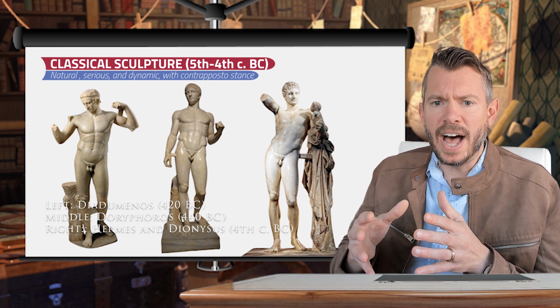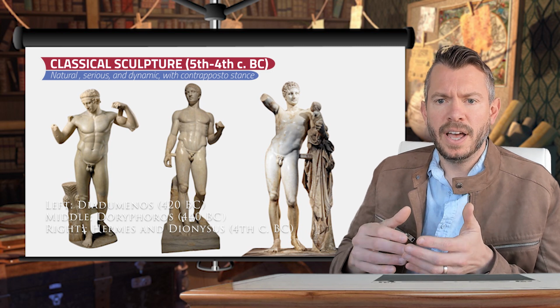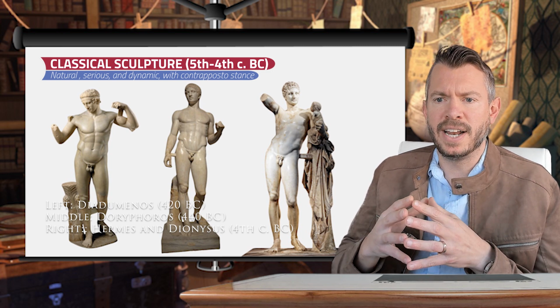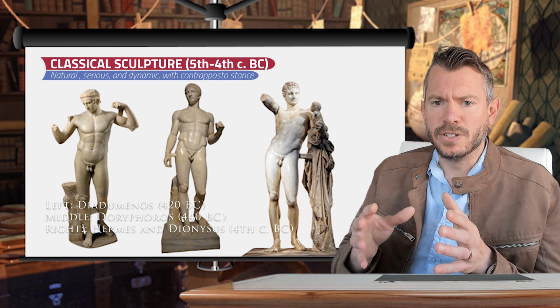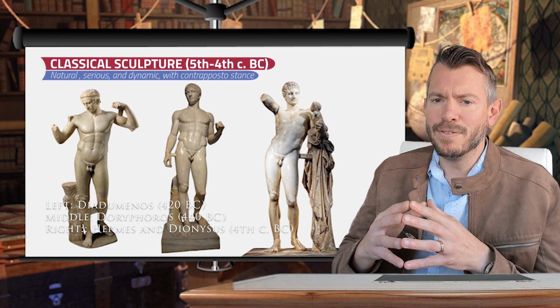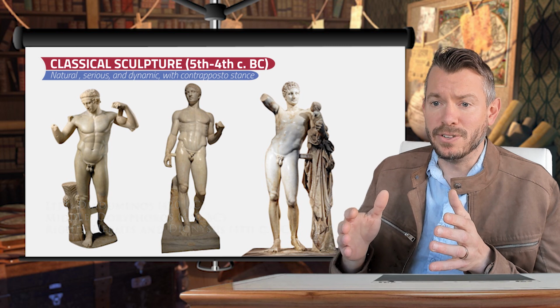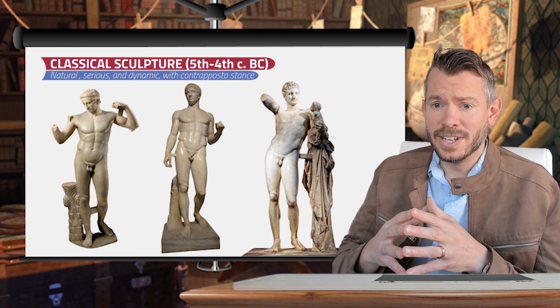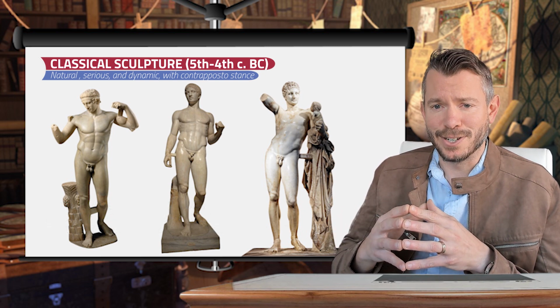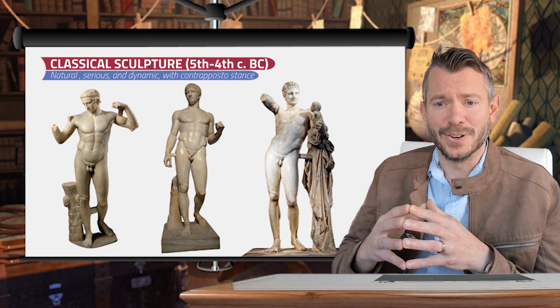Muscles are more defined. Faces look calmer, and the expressions are more subtle rather than exaggerated. No more awkward smiles, just stoic perfection. So if the statue looks like it could walk off its pedestal and start giving philosophical advice, you, my friend, are looking at a classical sculpture from the 5th or 4th century BC.